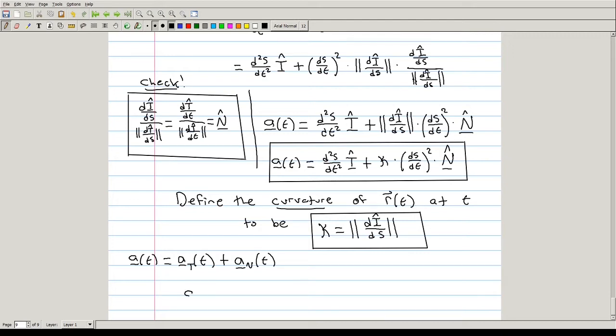Where A_T, the tangential component of acceleration, is exactly this first component, just the second derivative of arc length. That's exactly what the tangential acceleration is.